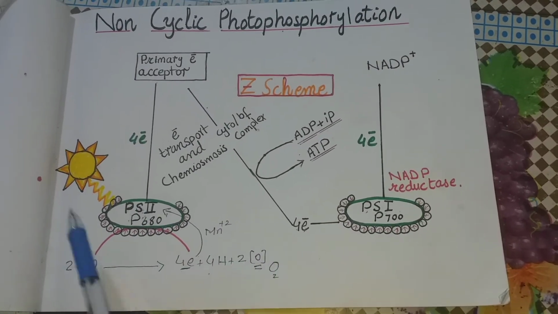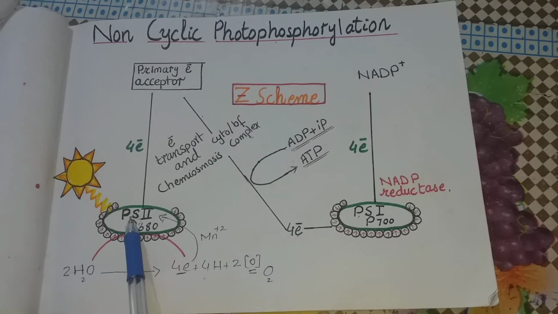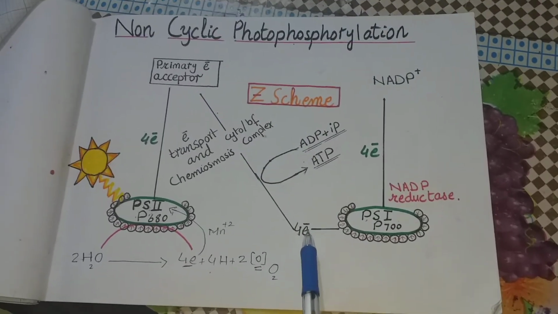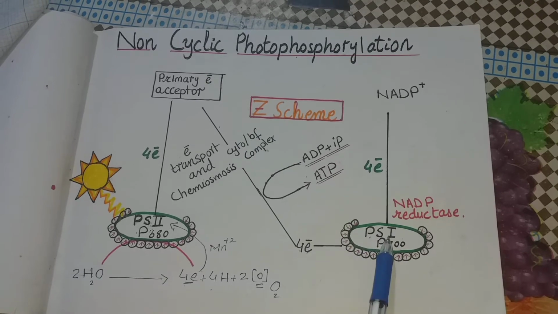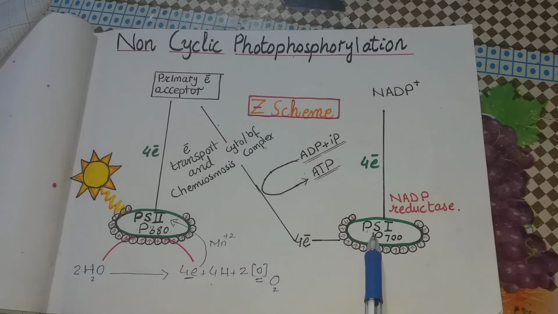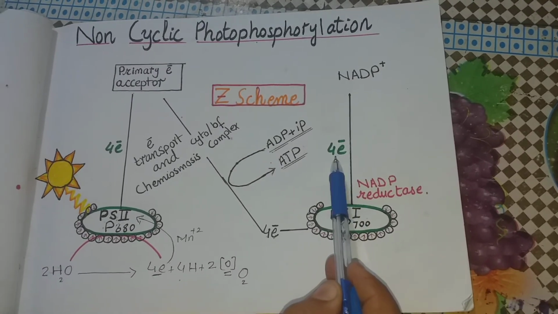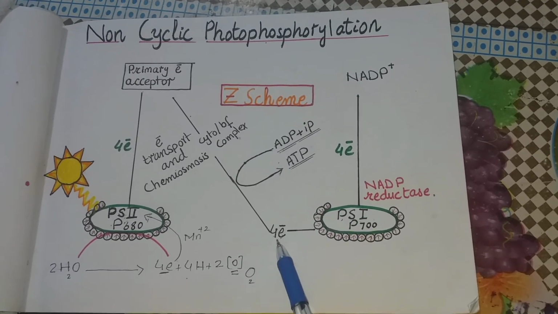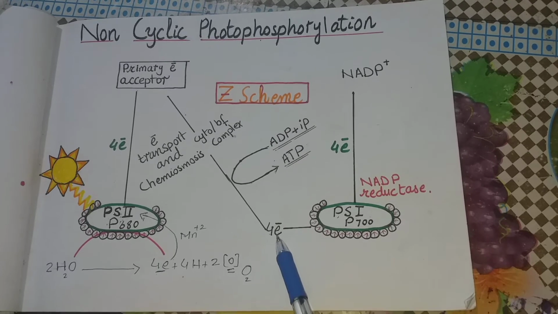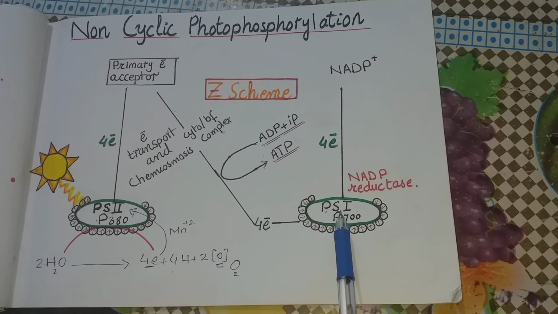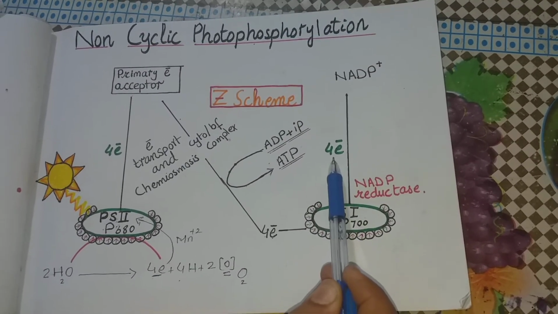So those electrons which are basically of PS2 will be a part of PS1. PS1 will accept them, and the space which was created by the loss of these 4 electrons will be filled with these 4 electrons.